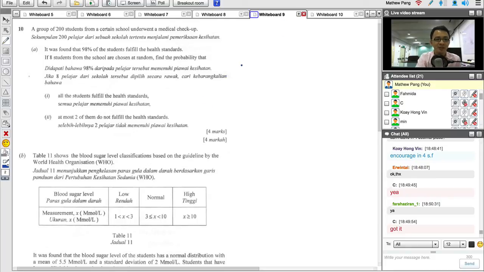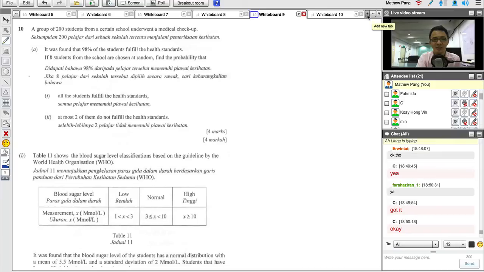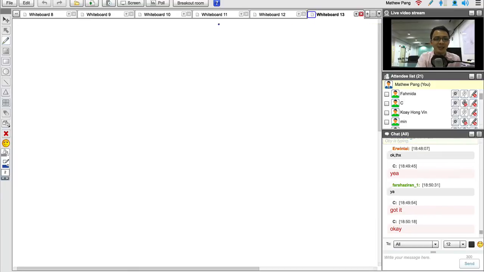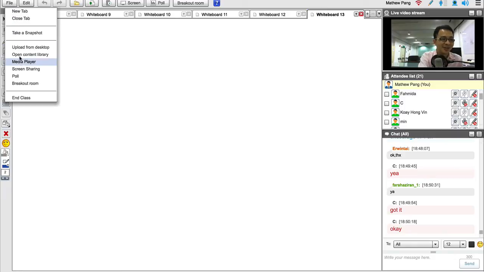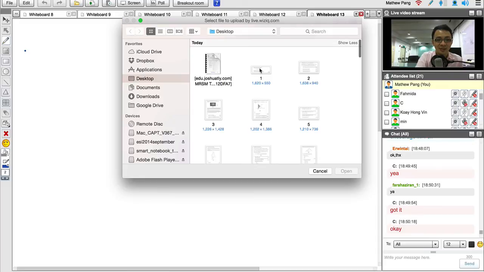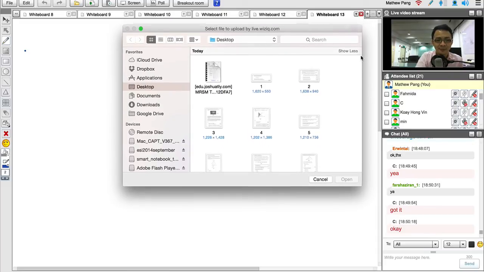Probability distribution. Try this one first, because I actually need to upload the Z value table. I think you can't do it because I'm uploading. Okay, give me a moment. I upload a Z value table.